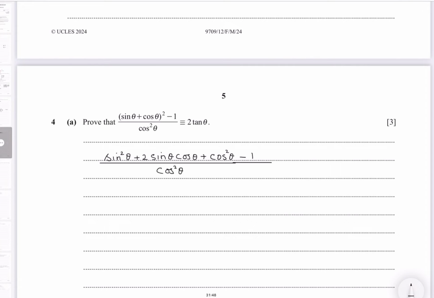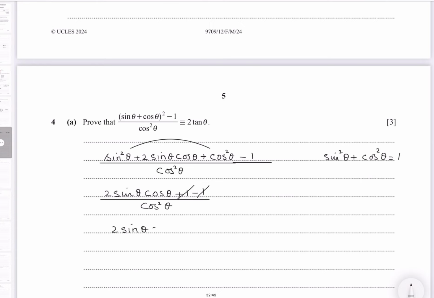Now sine square theta and cos square theta, you collect them, and this is the identity which says sine square theta plus cos square theta equals 1. So write 1 in place of these two. So it becomes 2 sine theta cos theta plus 1 minus 1 over cos square theta. So plus 1 minus 1 will be gone.